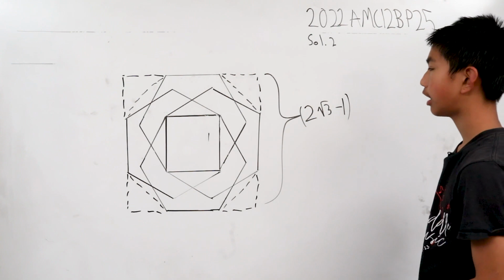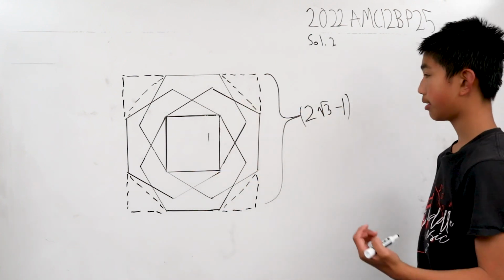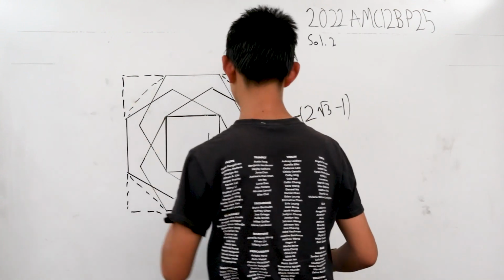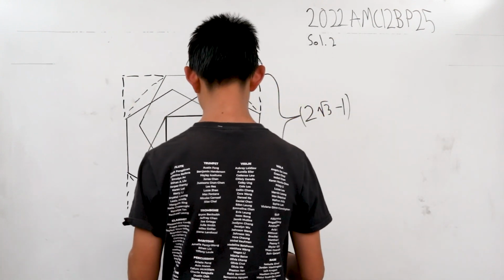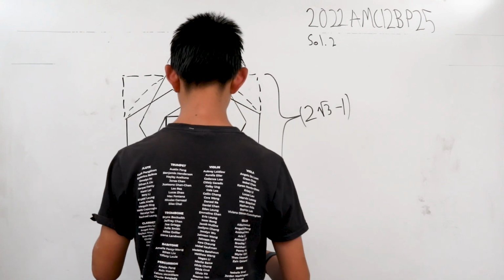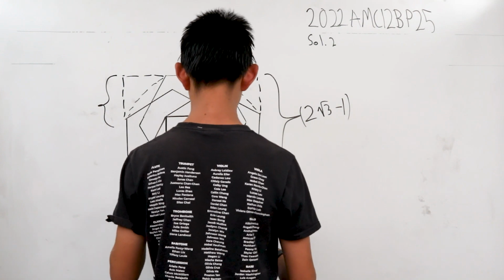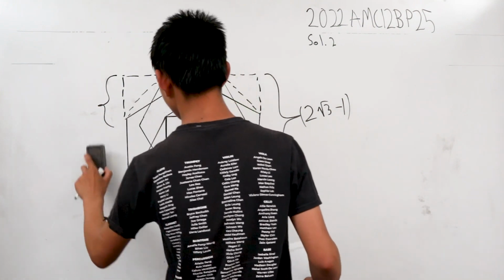Okay, so that means that this height here is the square root of 3 minus 1. I should write that. The height is the square root of 3 minus 1. Or no, because we already know that.